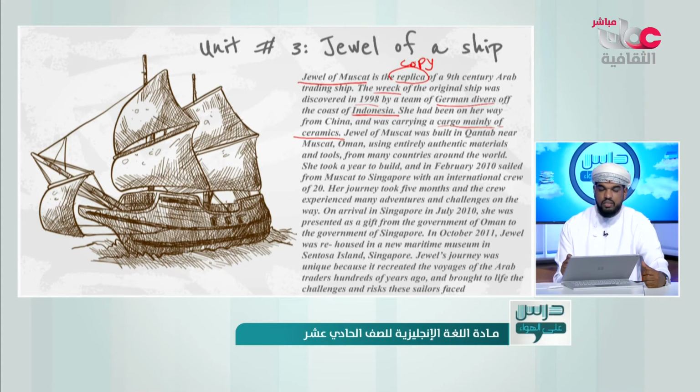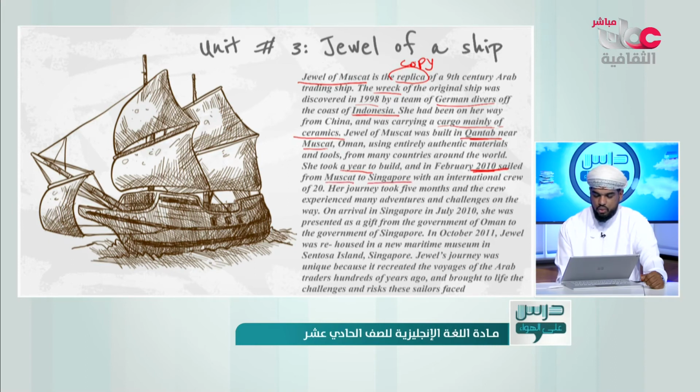Jewel of Muscat, the replica one, was built in Qantab near Muscat, Oman, using entirely authentic materials and tools, the same tools which were used in the past, from many countries around the world. She took a year to build, and in February 2010 sailed from Muscat to Singapore.